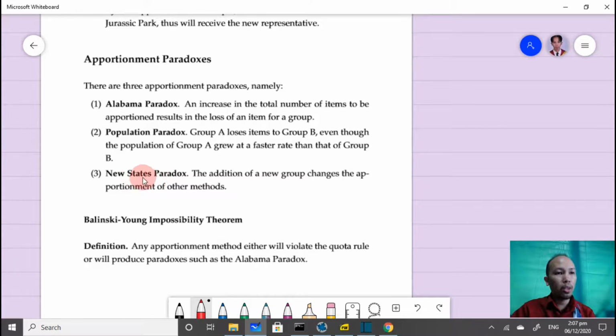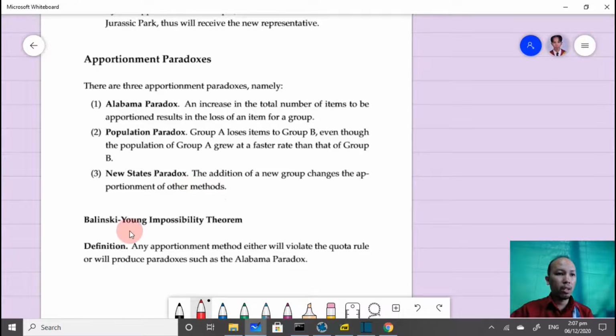If you are going to increase the states, for example, if there are 5 states, or like in our previous example, there are 5 municipalities, and we increase to 6 or 7 municipalities, and someone loses, then that apportionment method violates the new states paradox. So that's the difference between these three: Alabama, population, and new states paradox.